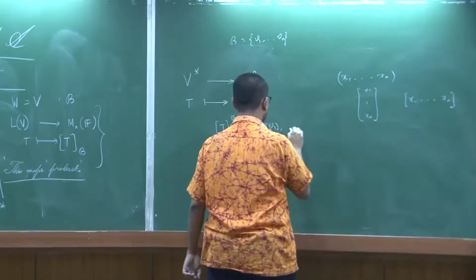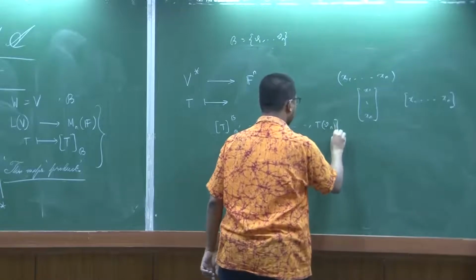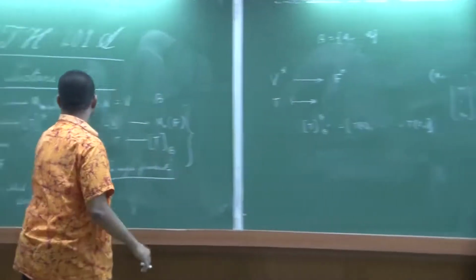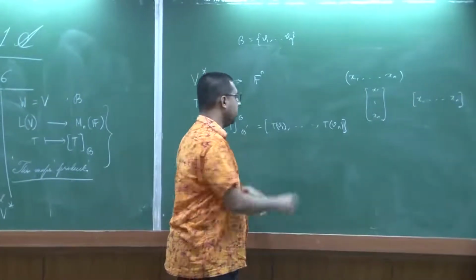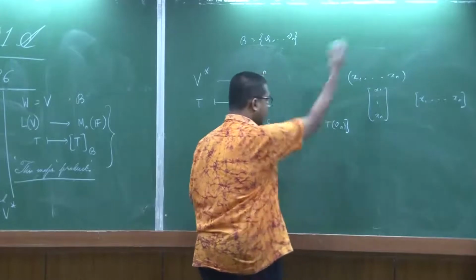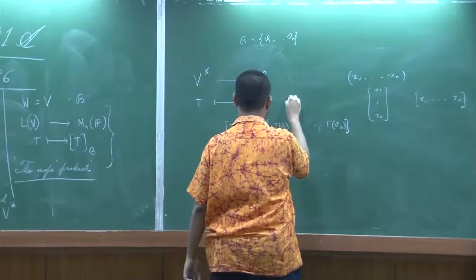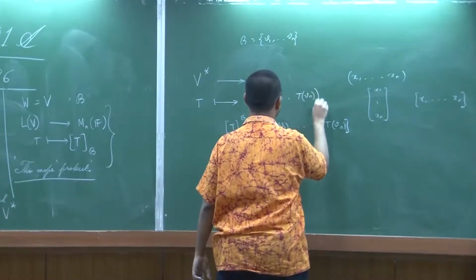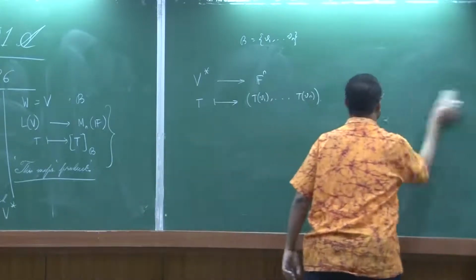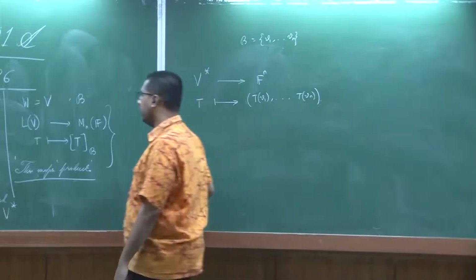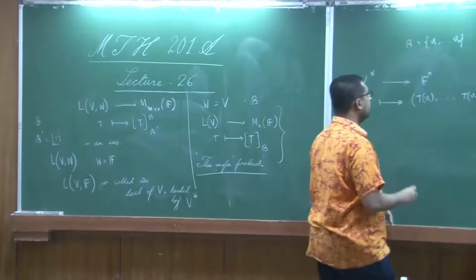Sorry, a member of F. Similarly T(vn). In the matrix notation, this is what will be my matrix. But now, as I said, we will rather view it as the tuple. Therefore the corresponding tuple is this. So in this context, when W is F, we get that this is a linear isomorphism.